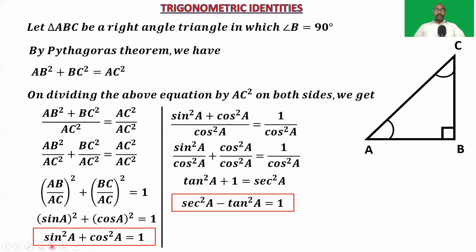And from this sin square A plus cos square A is equal to 1, we can derive one more identity by dividing sin square A on both sides of the equation.